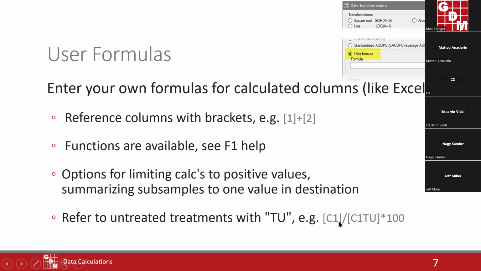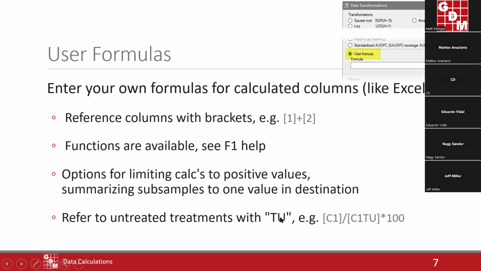In this example, you'll notice we refer to columns with brackets. You can put in the C next to the number. It's just easier to mentally think that's column 1. ARM treats it the exact same as if you just put a 1. But it might be easier to identify, and especially useful in this case, because now I can say, take the value in column 1 and divide it by the value in column 1, specifically the untreated check.